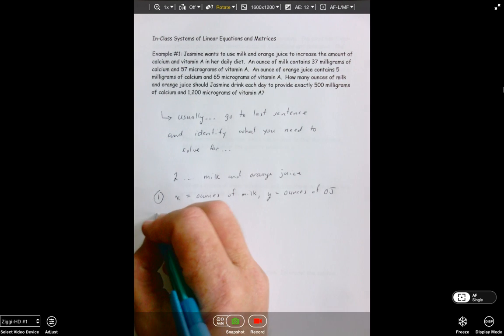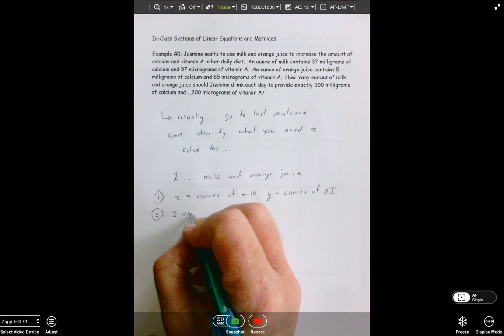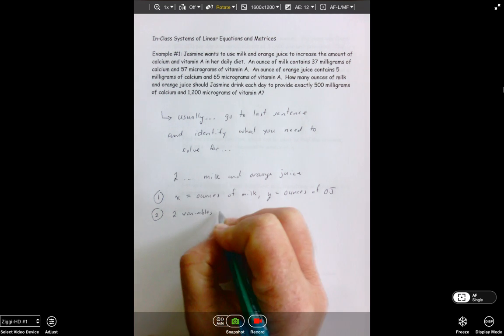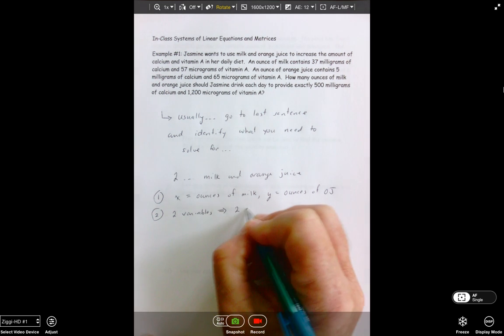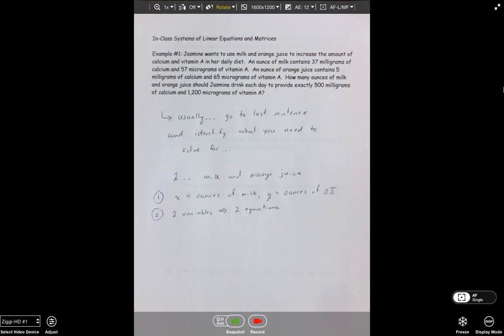The next thing I'm going to do is see that I have two variables. So I know right off the bat that I've got to look back into my problem and come up with two relationships that give me equations. Well, this is a situation where I get back to just a very simple premise that apples have to be apples and orange juice has to be orange juice.